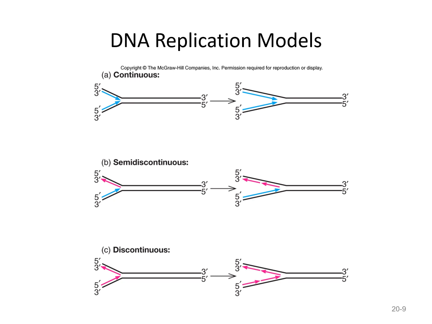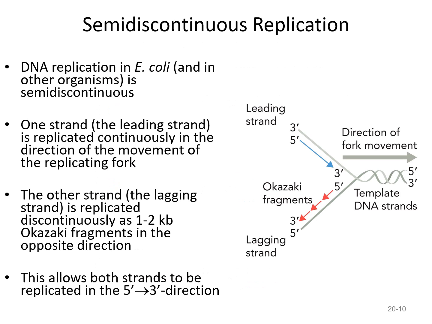It's just 5' to 3', but every time they can only proceed 5' to 3' and then stop, so there are many 5' to 3' pieces. But for this one, the 5' to 3' will be continuous, and then this 5' to 3' will be discontinuous. So this is semi-discontinuous. Okay.